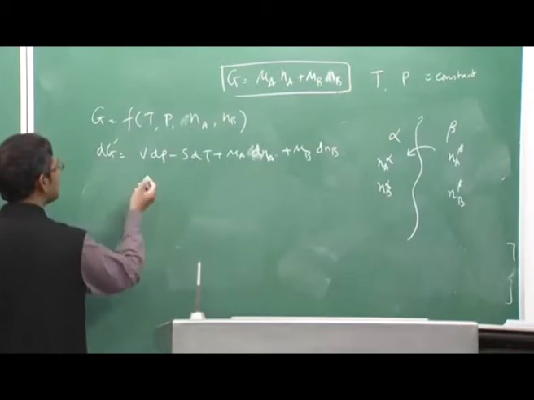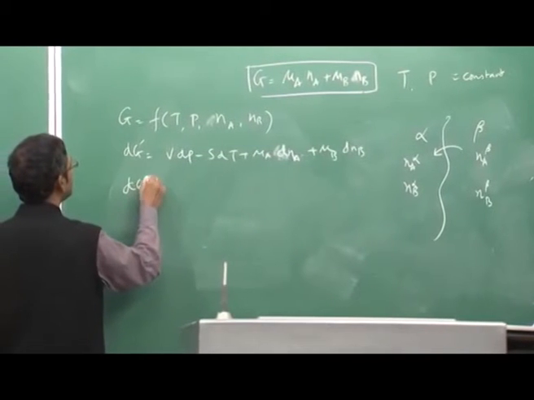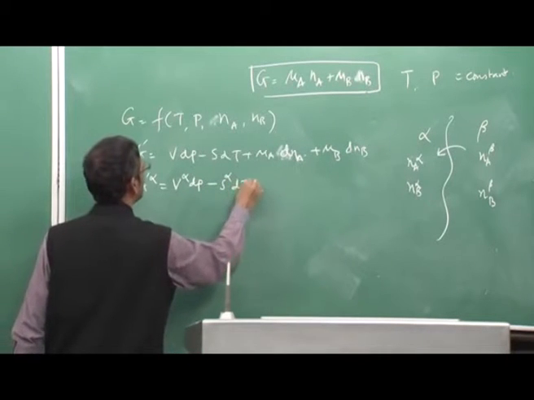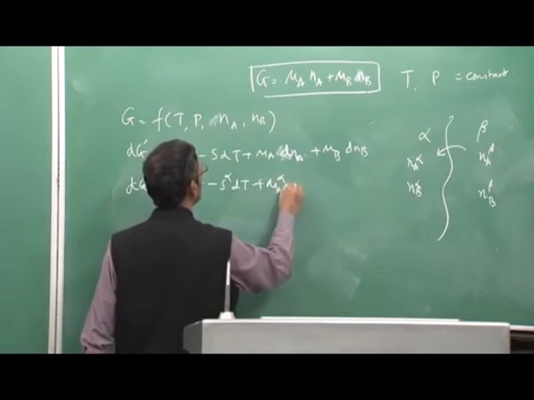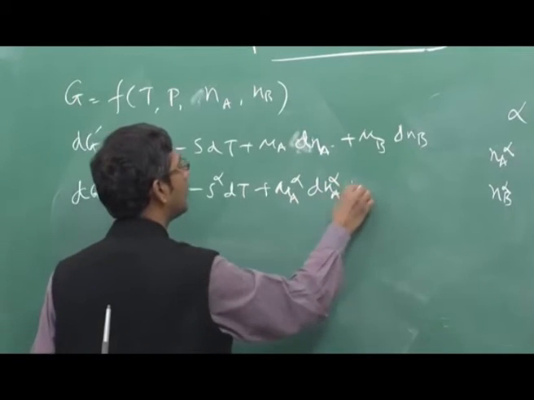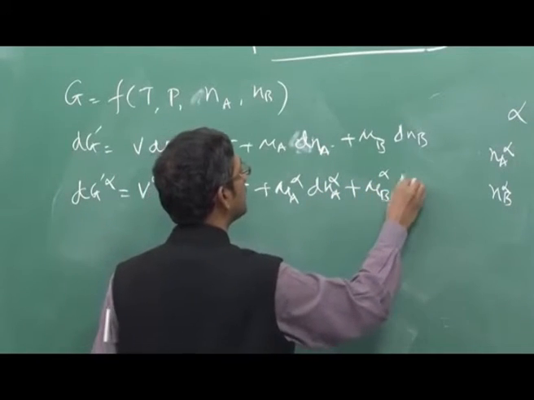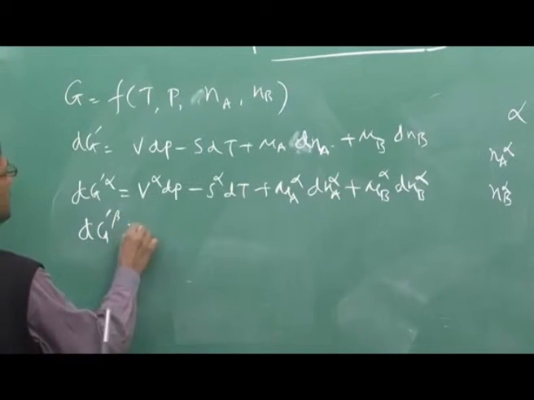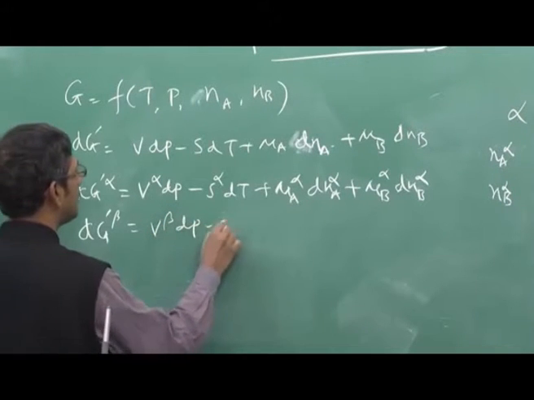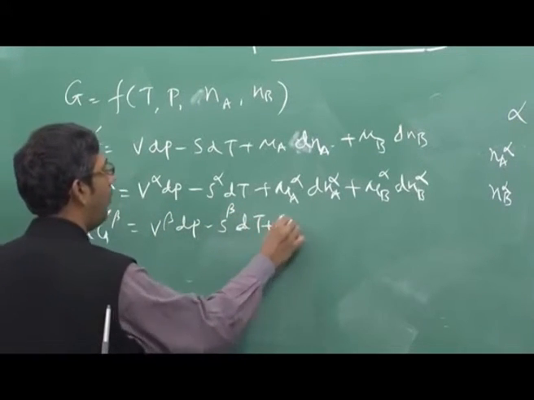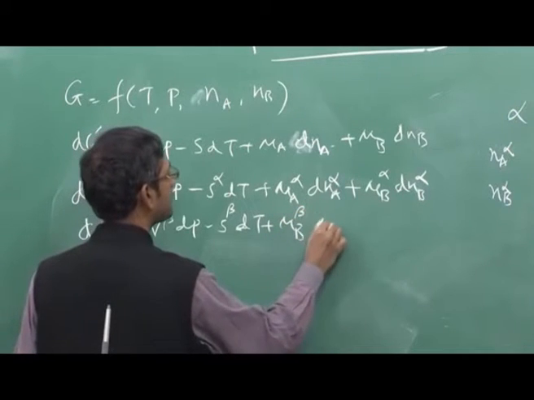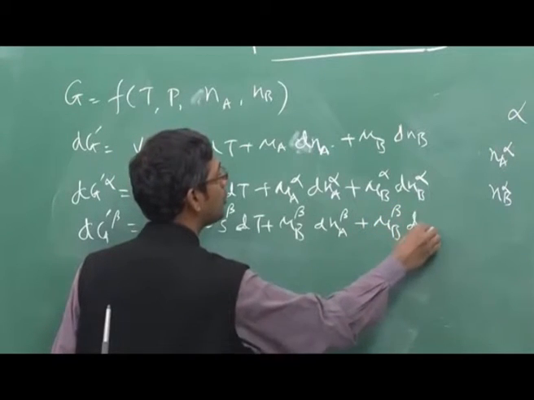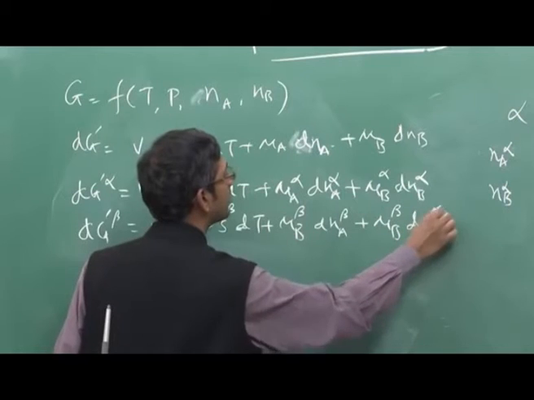So therefore what is the change of free energy? Let us first write down the free energy expression for alpha. I have to put alpha superscript everywhere. Similarly for beta, you can close your eyes and write down only beta superscript.